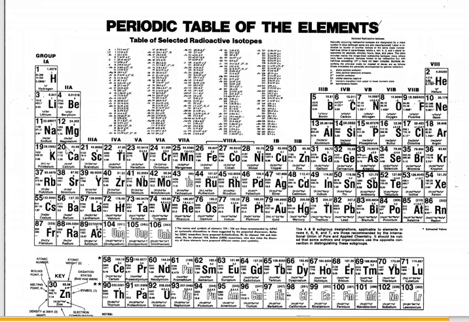It has 8 in its next energy level. It has 8 in its next energy level. So 8 plus 8 is 16, plus 2 is 18, which leaves me 2 left over for the 4th energy level.